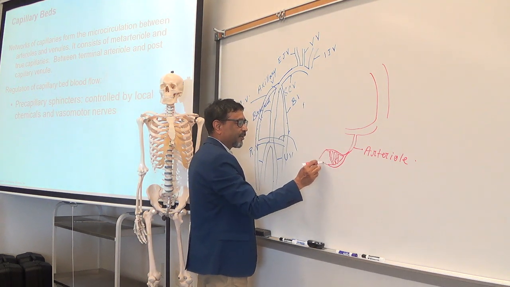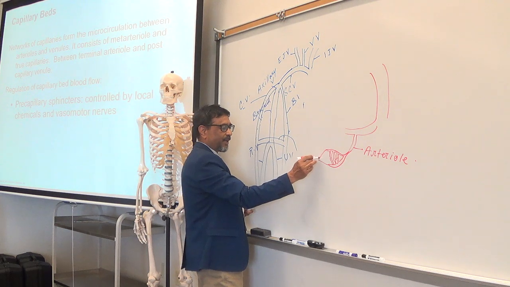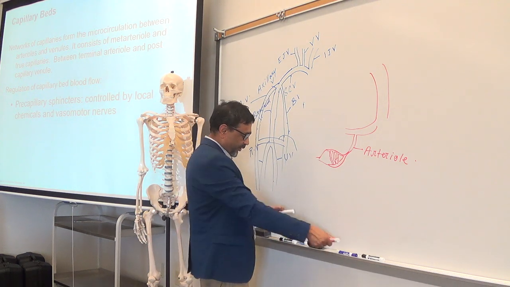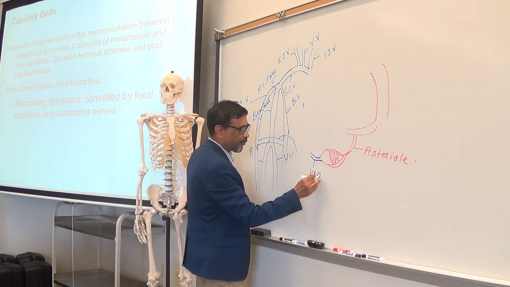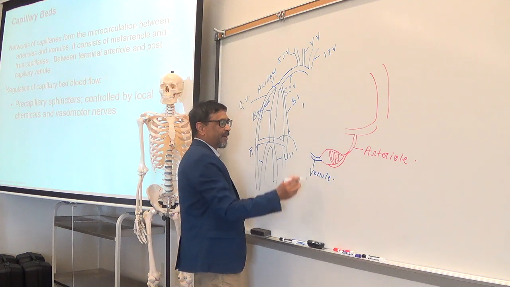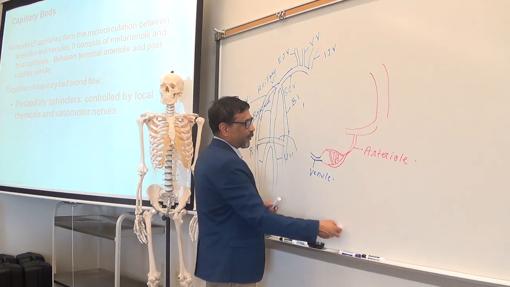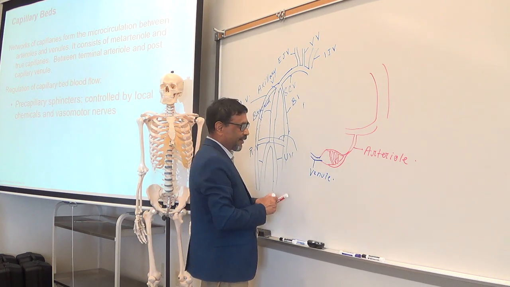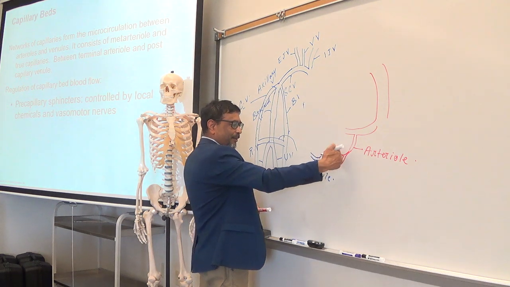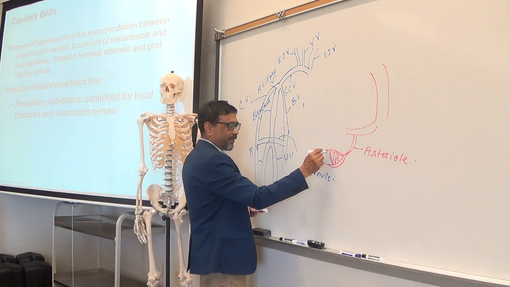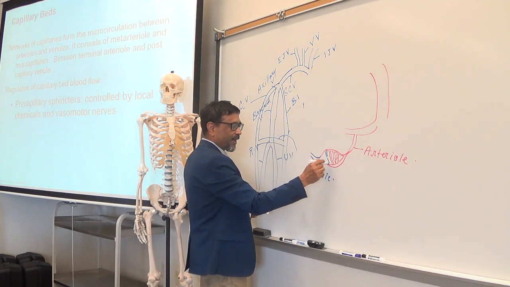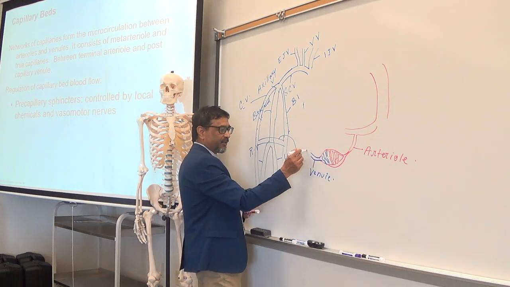And at the other end of the capillary, you have the venule, small vein. So this is the venule, and in between you have the capillary. As the blood passes through the capillary bed, gradually carbon dioxide enters into the blood, oxygen leaves, so blood becomes deoxygenated.